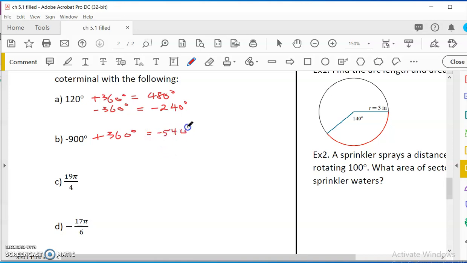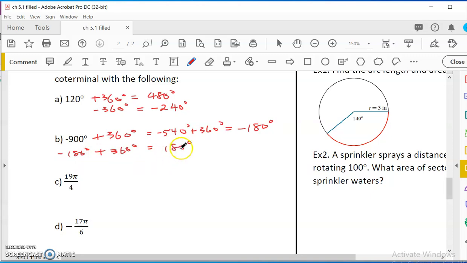But if I don't like this, I can actually add 360 again. I end up having negative 180. This is a negative angle that's coterminal with that. What about positive? This is still negative. I need another one, so I would just add 360 to that again. So negative 180 plus 360, I have 180.